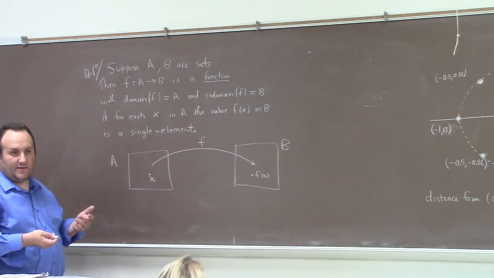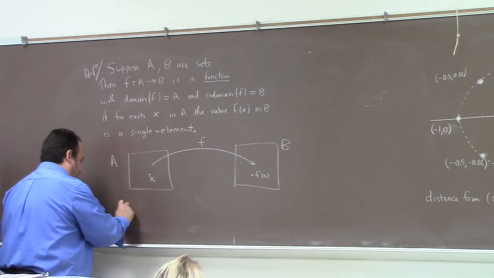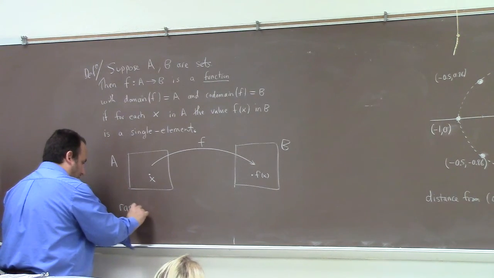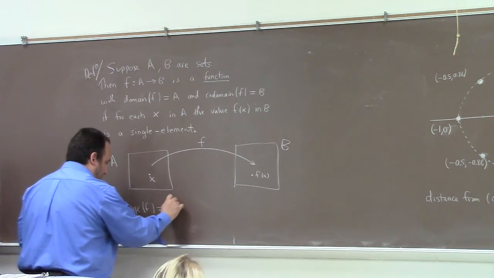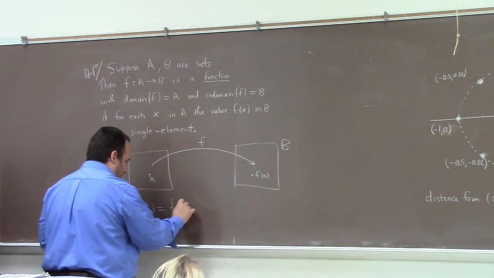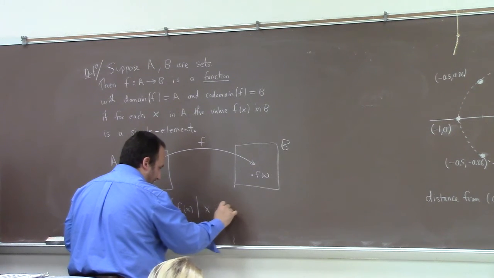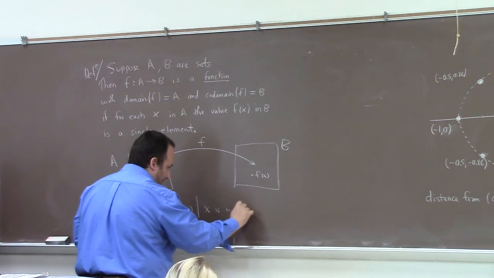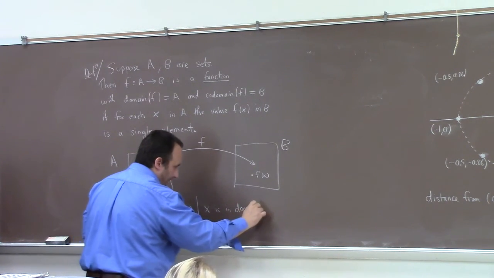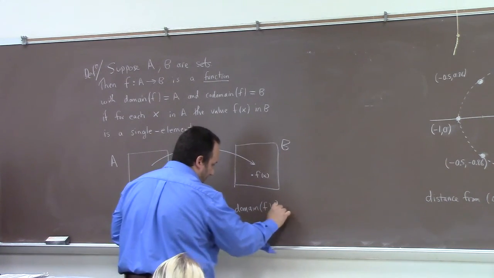Now I can say more. I can also talk to you about the range. The range of f is equal to f of x such that x is in the domain of f.